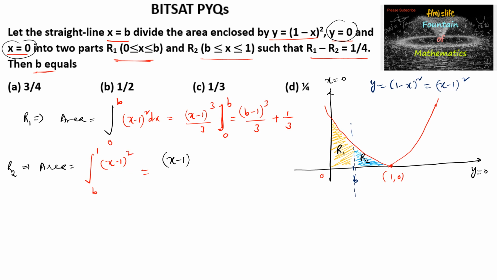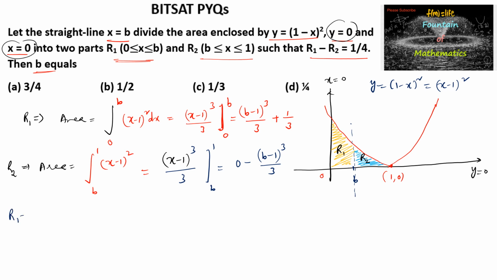So we can write (x minus 1) whole power 3 upon 3 over the limits b to 1, which is equal to (1 minus 1) power 3 upon 3, that is 0, minus (b minus 1) whole power 3 upon 3.